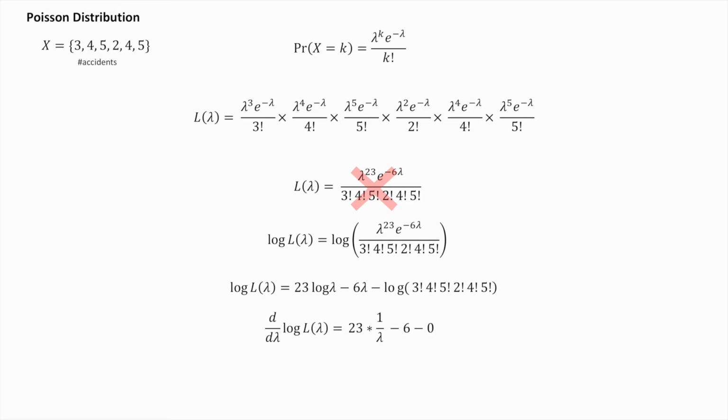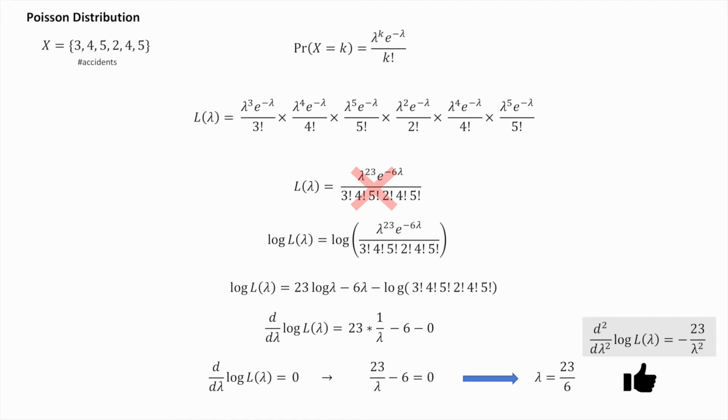When we set the derivative with respect to lambda equal to 0, we end up with a value of lambda equal to 23 over 6. Now, to make sure that it's a maximum and not a minimum, we check the second derivative, which should also be negative, and indeed it's the case. So, the lambda that maximizes the conditional probability of observing the data sample here is equal to 23 over 6.